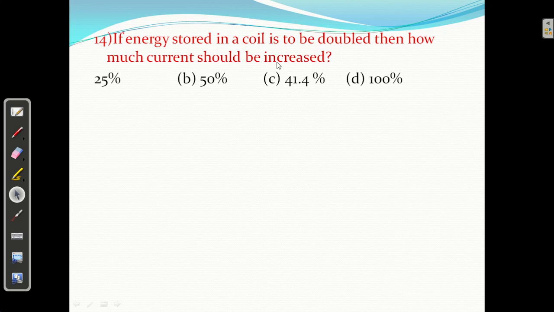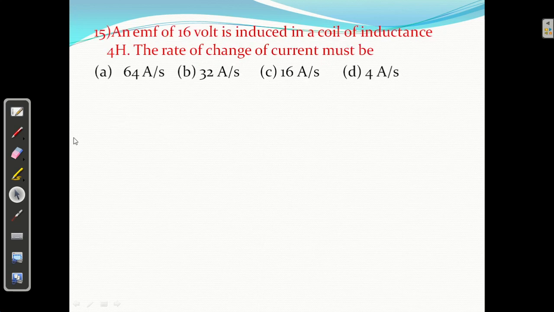If you want to double the energy stored, what is the current you have to increase? Energy stored equals what? Suppose the energy stored is 1 first. 1 joule equals what? 1 by 2 L.